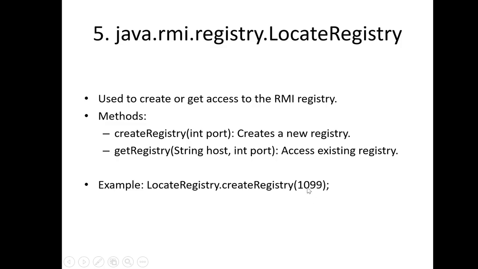Whatever port you have mentioned, it will create a new registry for that port. It is like saying: start a new phone directory on port number 1099. We will be using this whenever we start the server.